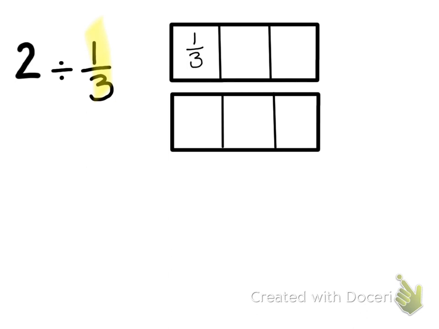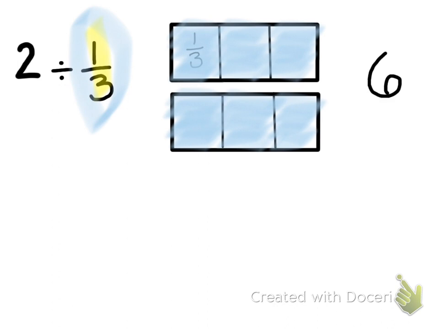So I want to know how many 1/3 do we have in all. So I have 1, 2, 3, 4, 5, 6. I have a total of 6 units that have the value of 1/3. So 2 divided by 1/3 equals 6.